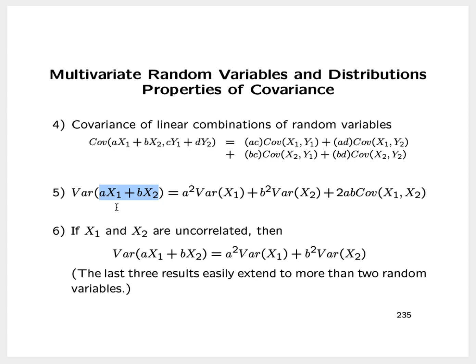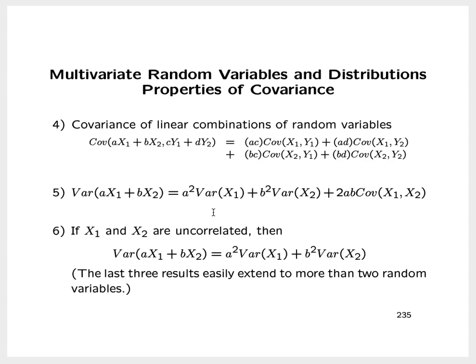In this case, we have a random variable that is defined in terms of the linear combination of two random variables. And the variance of this linear combination is re-expressed in terms of the variances of the constituent random variables and the covariance of those random variables, as well as the constants that are used in constructing the linear transformation.